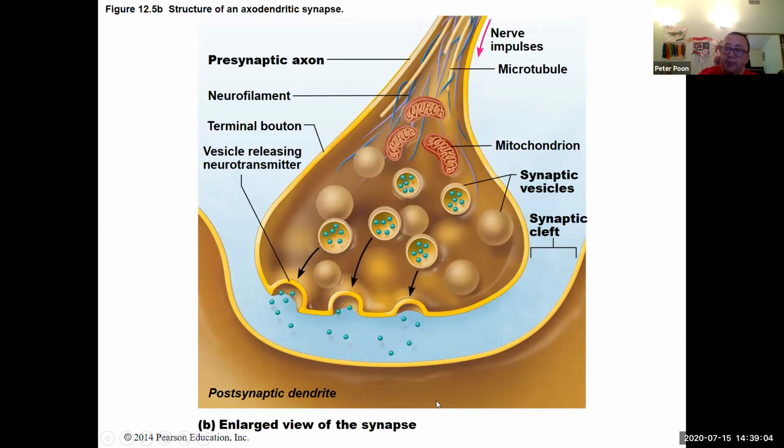This is basically the same thing. The electrical signal comes down and changes to a chemical signal here. It releases calcium, and then these release the neurotransmitters into this cleft, and that binds to receptors right here.